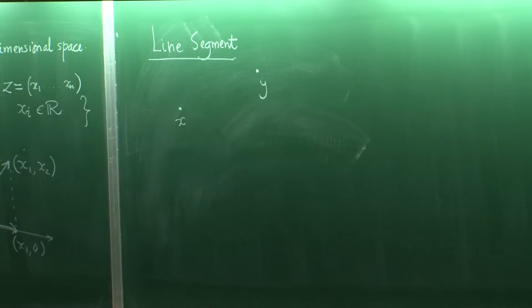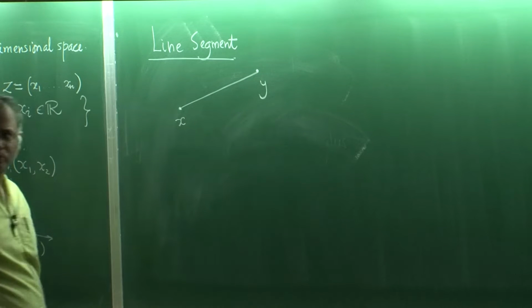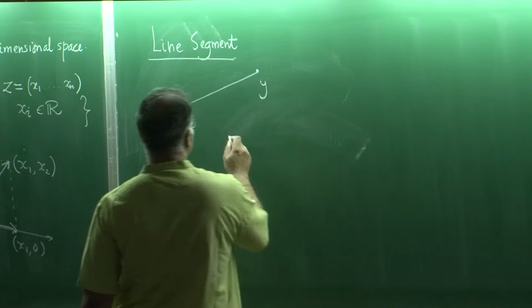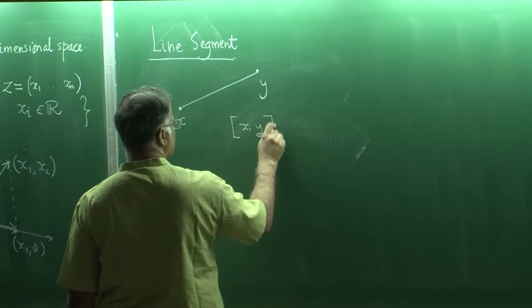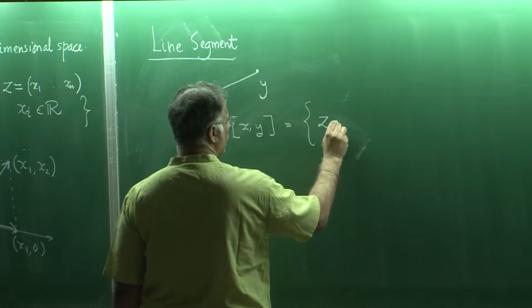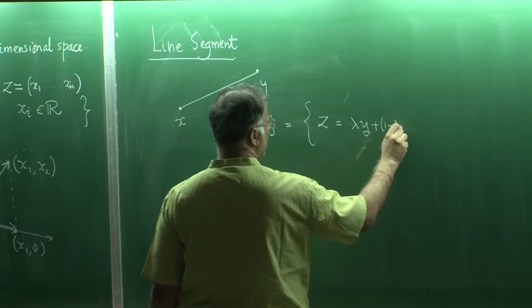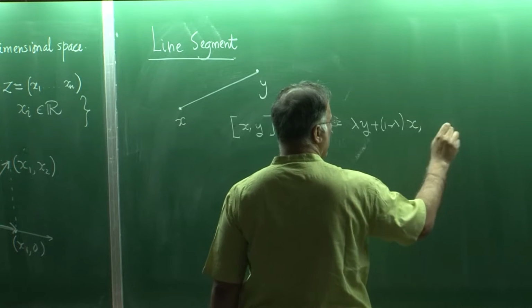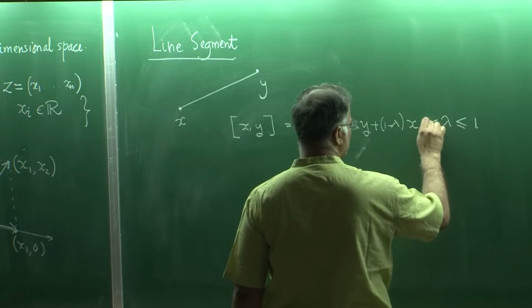Here is a line segment joining these 2 points x, y. Mathematically the line segment joining x, y is defined like this. It is a collection of all z of the form lambda y plus 1 minus lambda x, where lambda lies between 0 and 1.